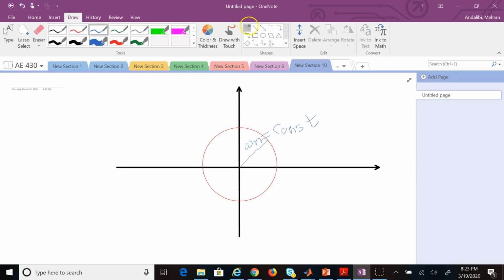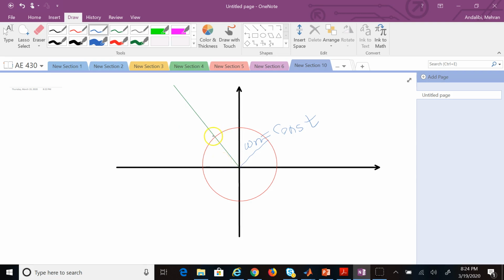The locus of constant zetas is a line. But how much zeta? Zeta relates to the angle of this line.